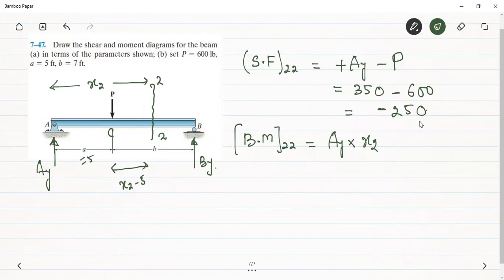P will create an anti-clockwise moment, and from the left hand side of the section, an anti-clockwise moment is negative. Ay is 350, minus 600 into X2 minus 5.